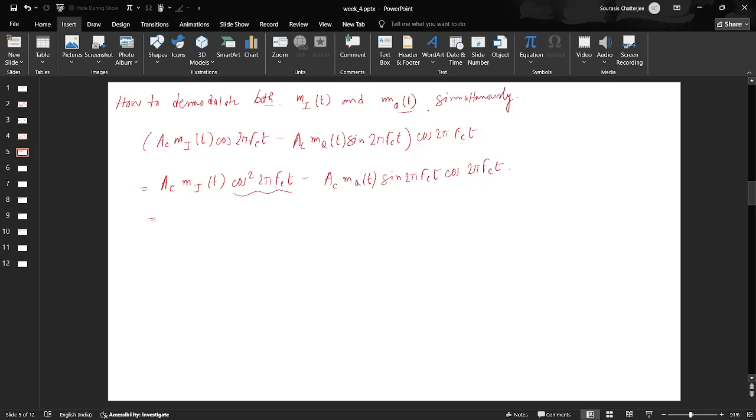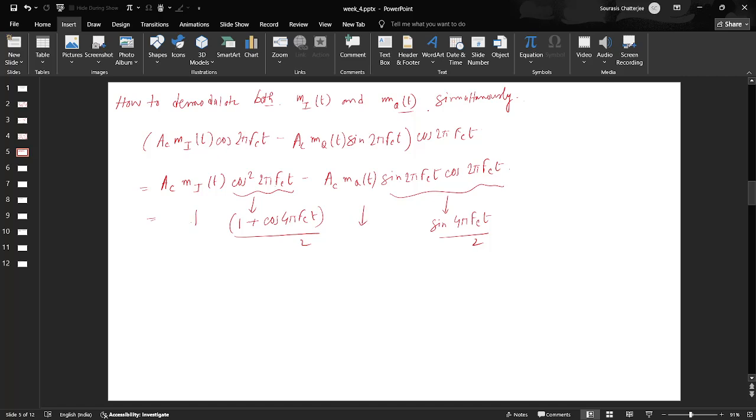This I can write as 1 plus cos 4 pi fct over 2, and this is nothing but sin 4 pi fct over 2.